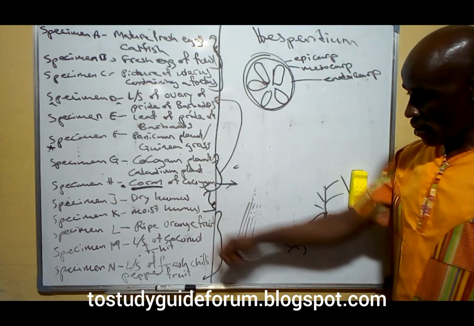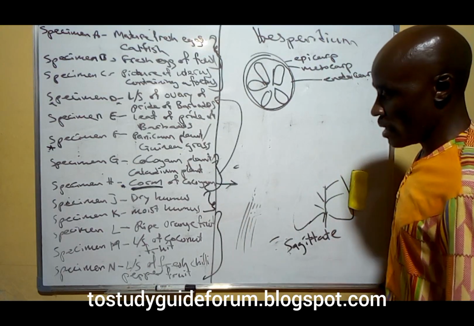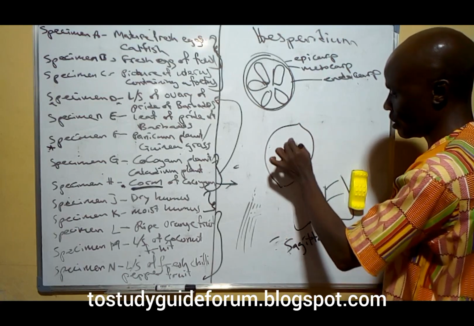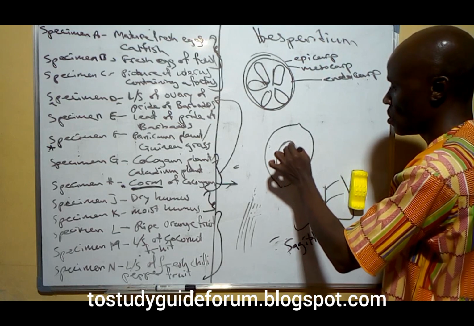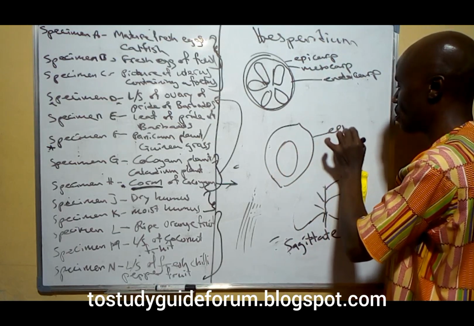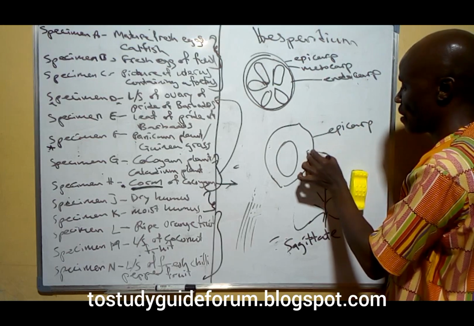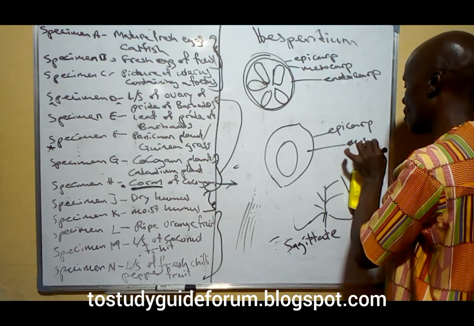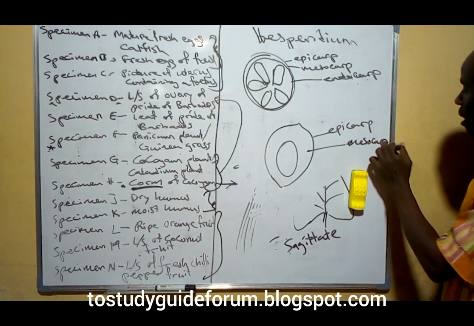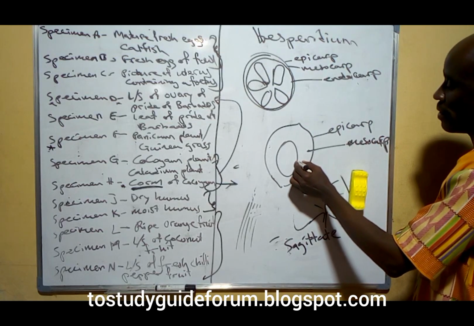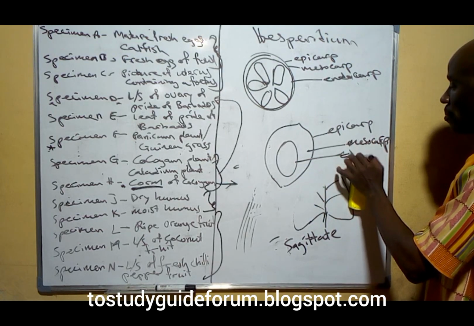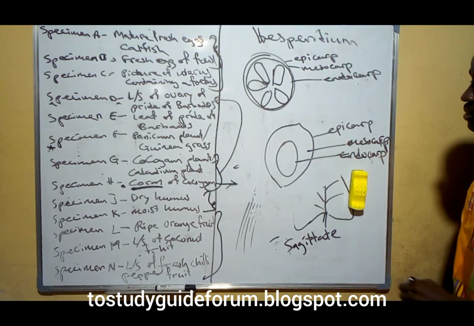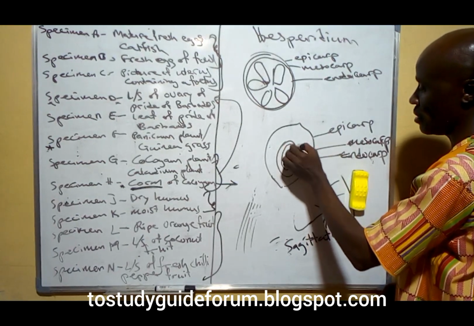But now when we talk about the coconut, which belongs to the group of the drupe, we have something that looks like this. So this is the epicarp. We have the dry mesocarp, and then we have an endocarp, and inside here again we have the seed itself.